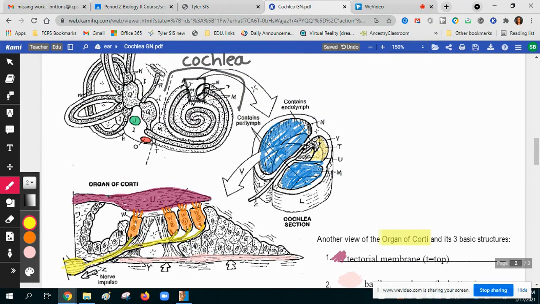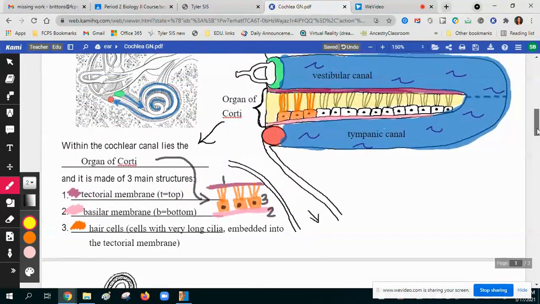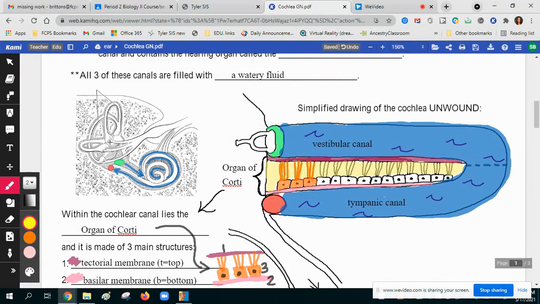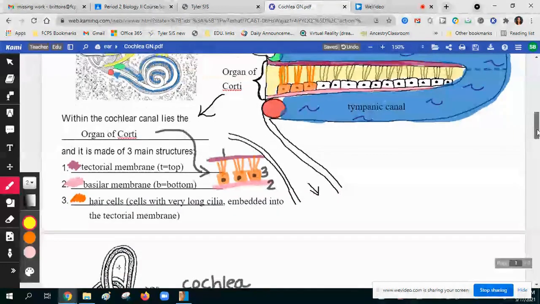And all of these specialized neurons will collect to form a nerve. That nerve is visible here on our first page. Part of that nerve is coming off of the vestibule and semicircular canals to help us monitor balance. That's a different story. And part of it is coming right out of the back of the cochlea. And that's for our hearing. So these hair cells that are embedded within the cochlea are going to stimulate the neurons in that nerve.